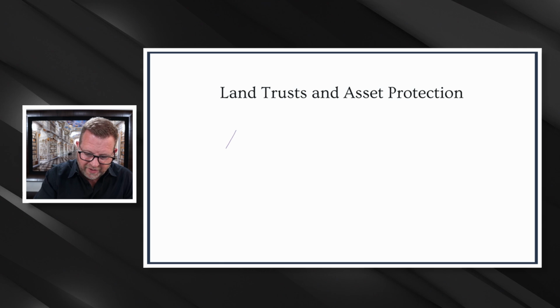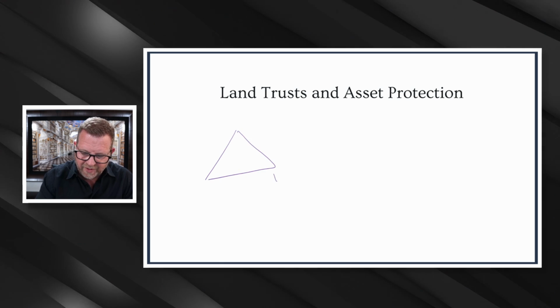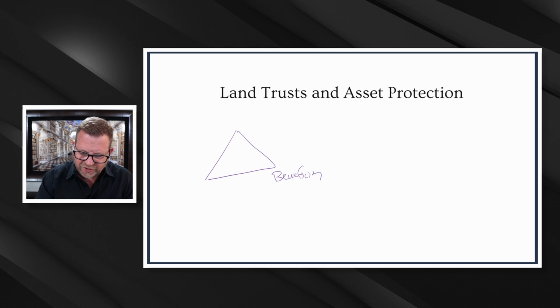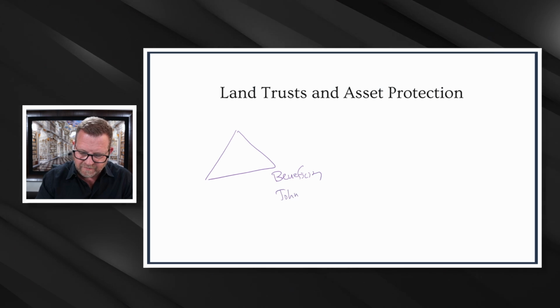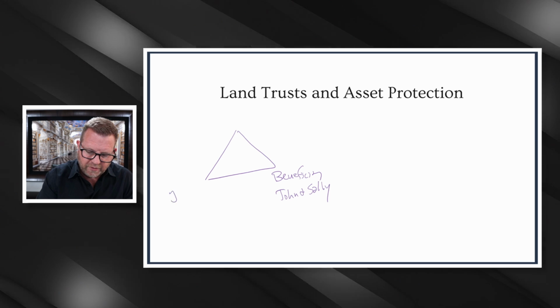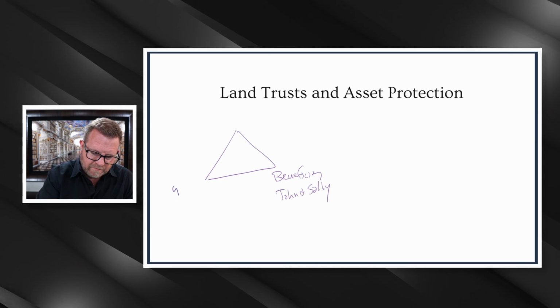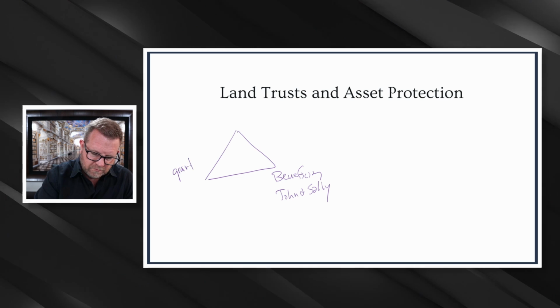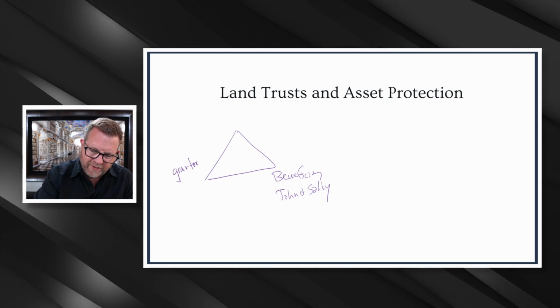Remember, we had a little triangle here. And so we have the beneficiary. Let's say that it's John and Sally again. And I have my grantor. And I have my trustee.